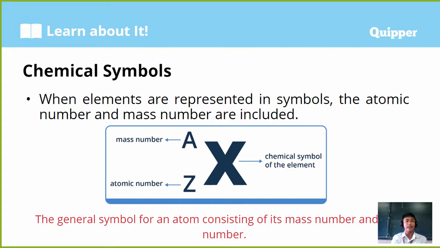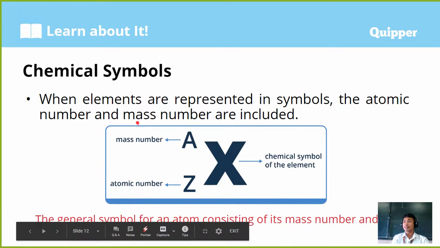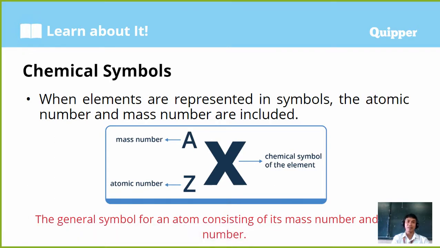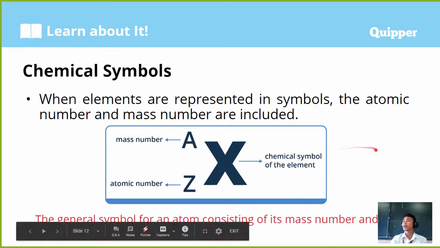Usually mass number is on top, upper left or upper right of the chemical symbol, depende yun sa construction ng periodic table, and the atomic number on the lower left. It may differ, depende sa periodic table. Kung makakabili kayo ng periodic table, meron naman yung legend so that you can also be aware kung ano yung mass number, kung alin dyan yung atomic number.